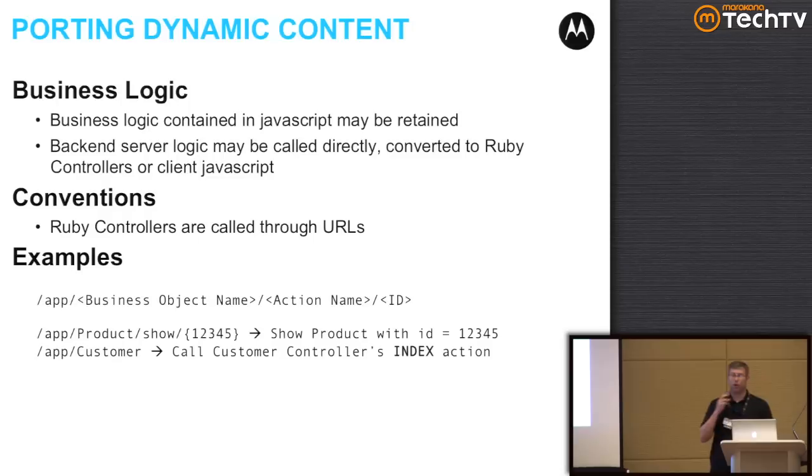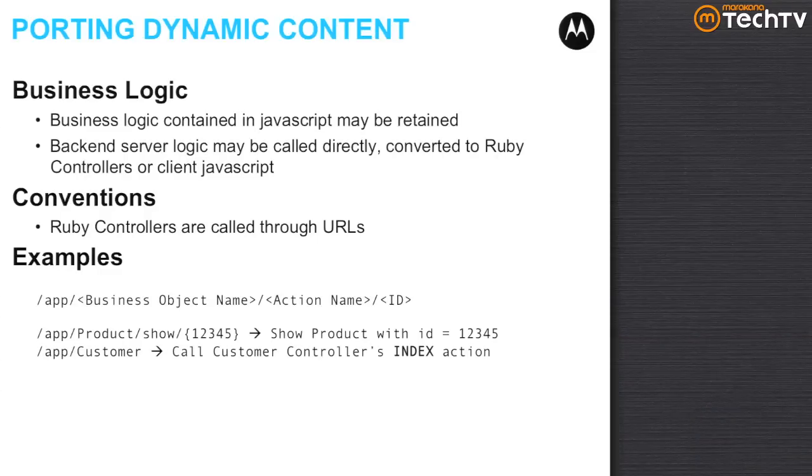Ruby controllers are called on the device through a URL paradigm, and this is also something that Rob Galvin talked about earlier. So a few examples here. First of all, a typical template for the URL: you're going to be going down into the app directory. You'll have your business object name, specify the action name, which is also analogous to a method, and then you can attach the ID as well.